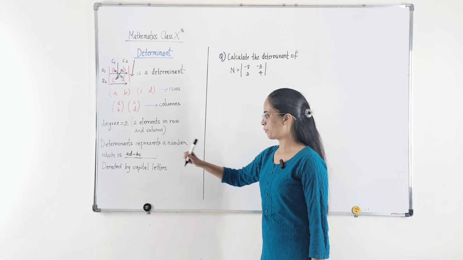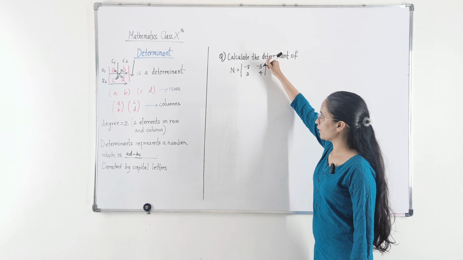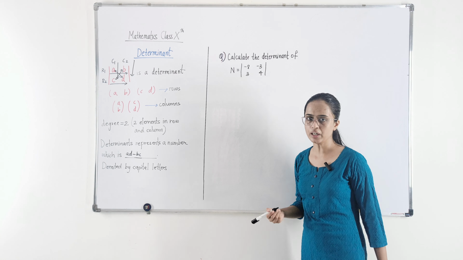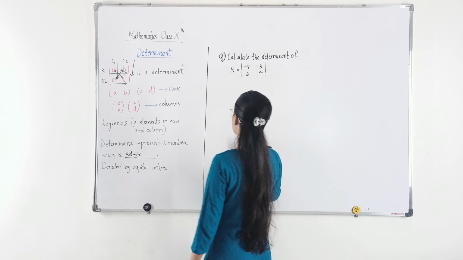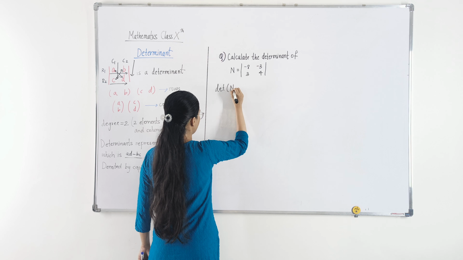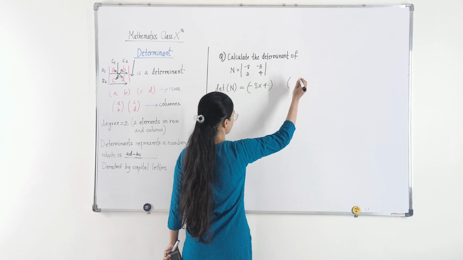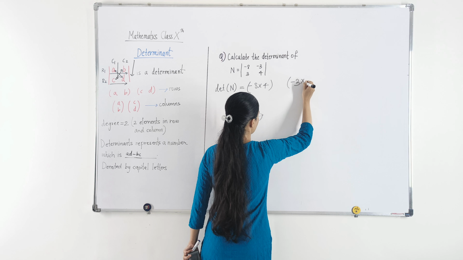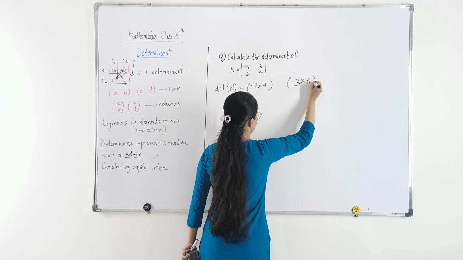Now according to the formula I have told you, you have to multiply the diagonal elements and you have to take the difference of the diagonal elements. So we get determinant of N is equal to, it is always denoted as determinant of N is equal to minus 8 into 4, write it into a bracket, and you are going to take the multiplication or product of the other elements of the second diagonal.